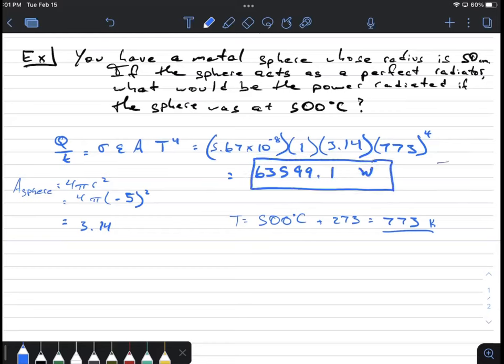Now remember, joules per second, which is the units of Q over T, is defined to be the same as capital W, or watts. Usually you see watts when you do circuits in general physics. When you get to electricity and magnetism and start doing circuits, you're going to see this unit of watts pop out.